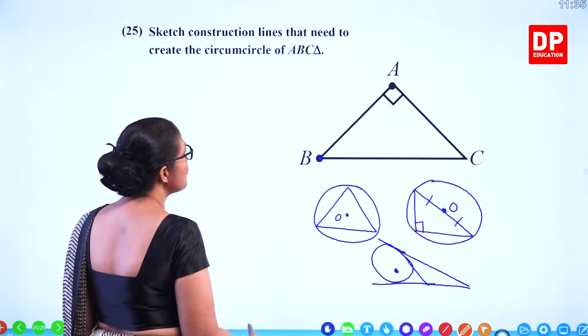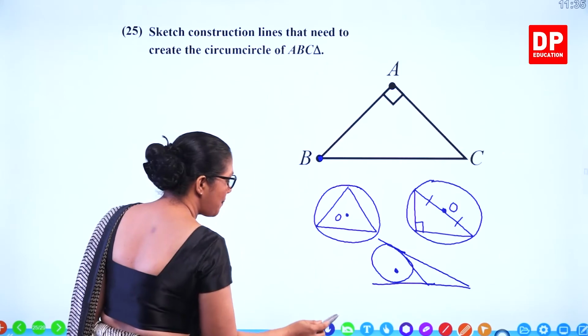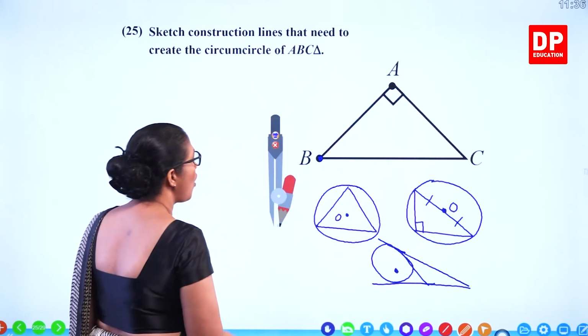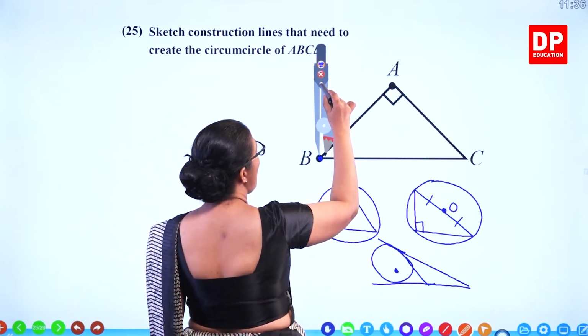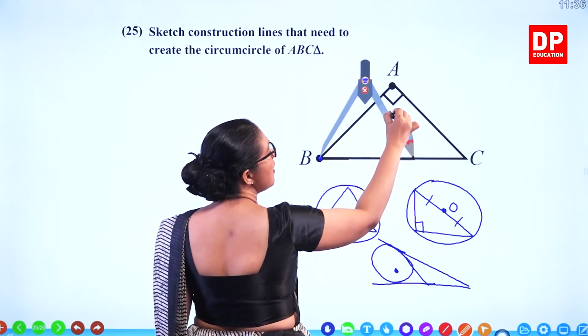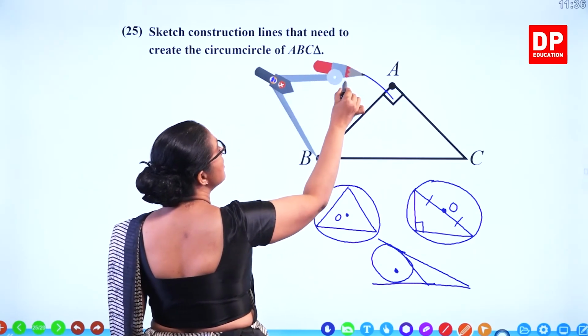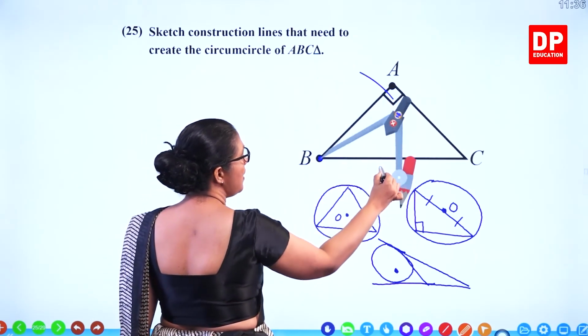So we'll construct the bisector of BC. You can use the compass. I'm going to place the compass on B, take more than half of the length, and draw an arc above and below.